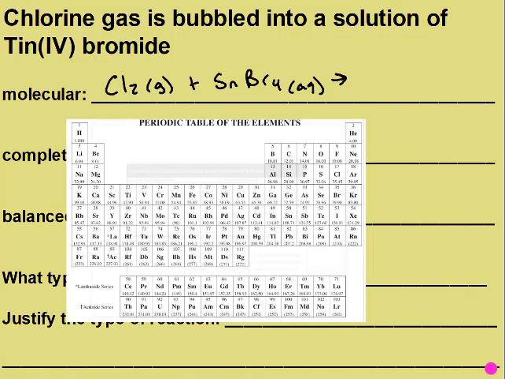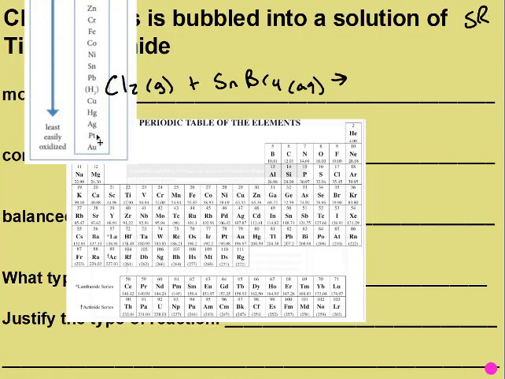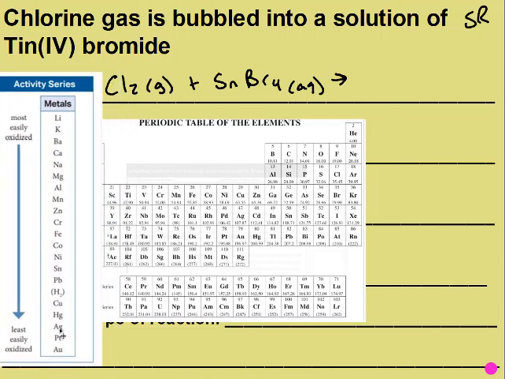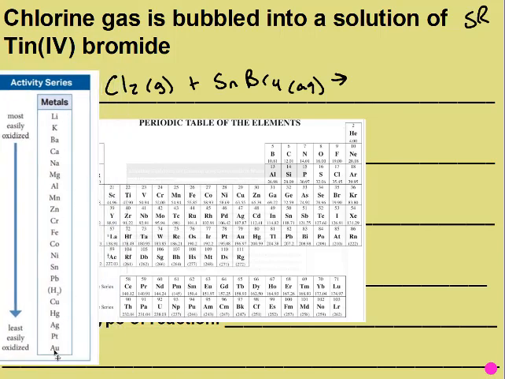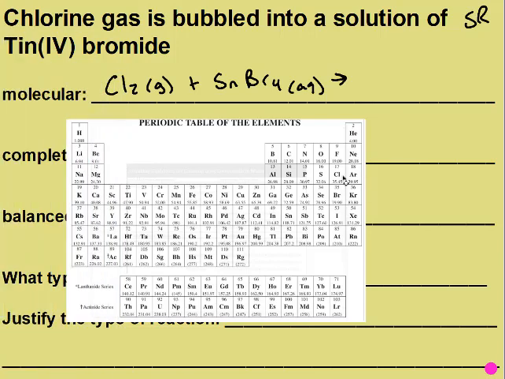So in this case, we need to figure out what type it is. It's a single replacement reaction. But if you look on the activity series, you're not going to find chlorine on the activity series. So chlorine is here, and chlorine is trying to kick out bromine.